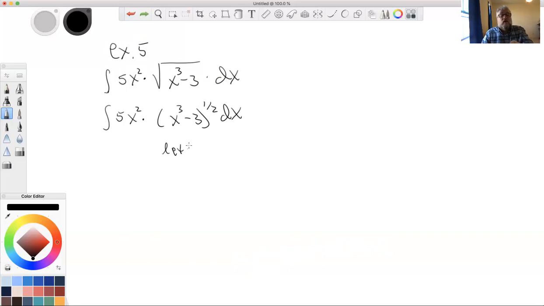Let u equal x cubed minus 3. Then du will be 3x squared dx, since the derivative of 3 is 0. Okay, well, we've got an x squared, but we don't have a 3x squared. So let me pull the 5 out of the integral to get it out of the way.